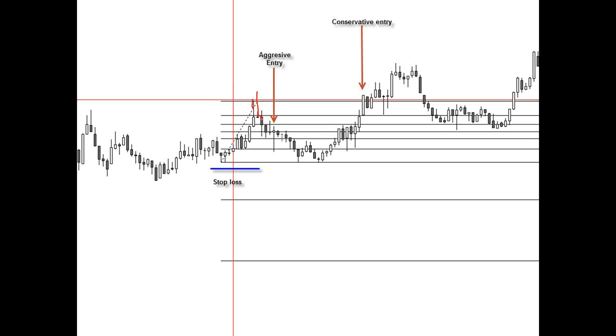We want to see that it retraces to the downside. Let's say if this candle made a new high, then there was a shallow retracement to 23.6, and we don't trade it.